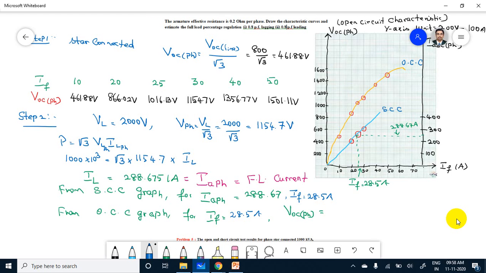So 28.5 ampere in open circuit. Now using this IF of 28.5, again project the line upward towards the open circuit curve. Once this line touches the open circuit curve, again draw a dotted line.